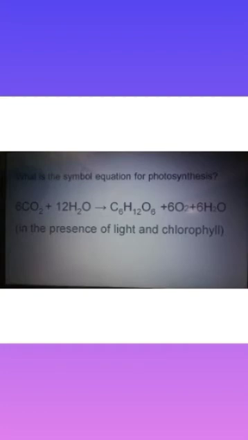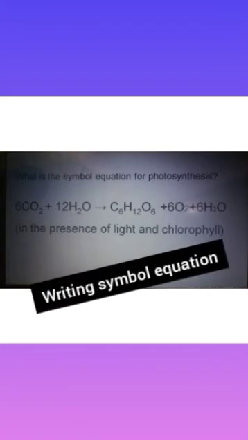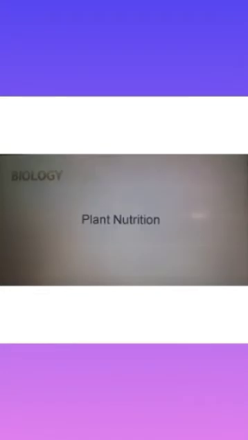Now we use the symbol of carbon dioxide, which is CO2.